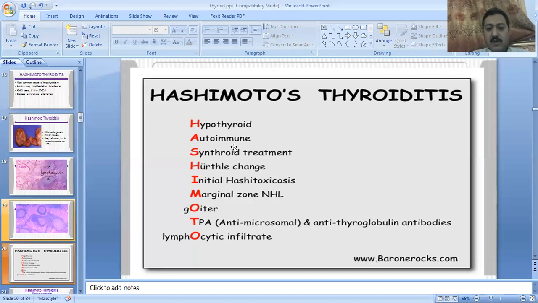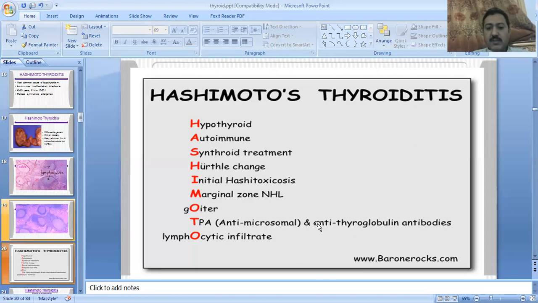This M stands for marginal zone lymphoma, and goiter formation. There will be swelling of the thyroid gland, and T stands for thyroid peroxidase antibodies or antimicrosomal antibodies, and anti-thyroglobulin antibodies.